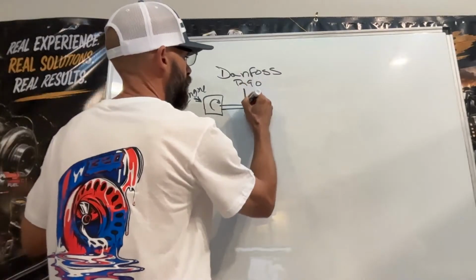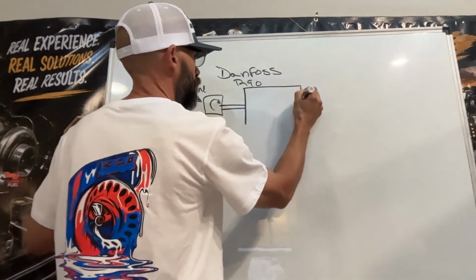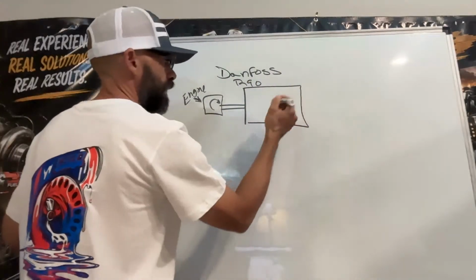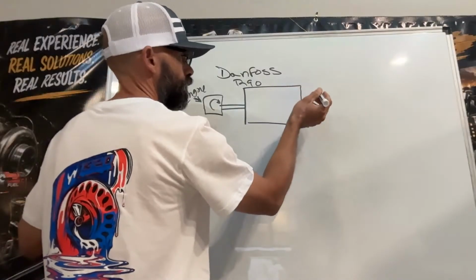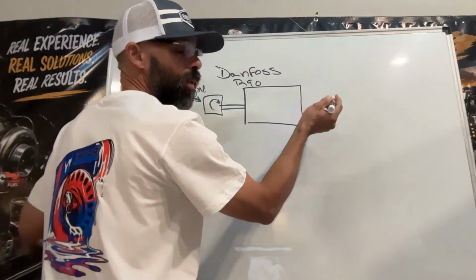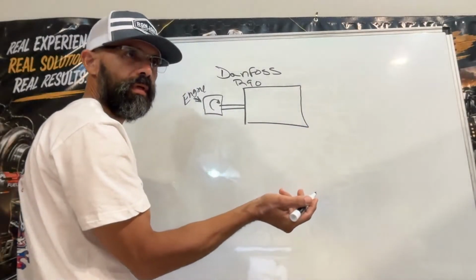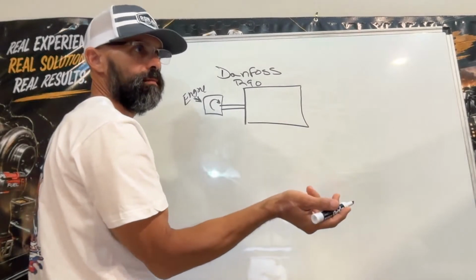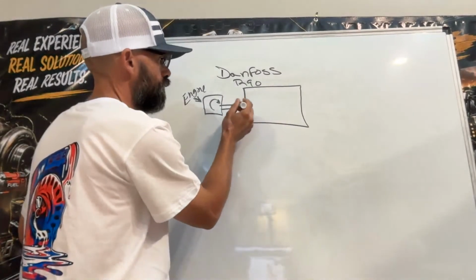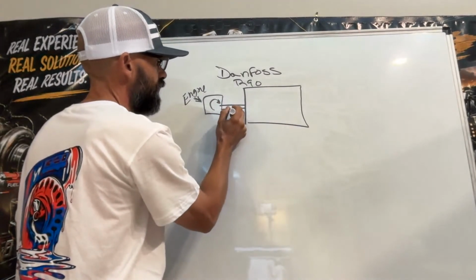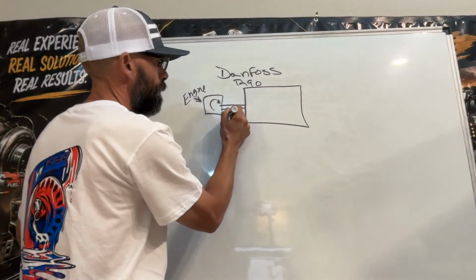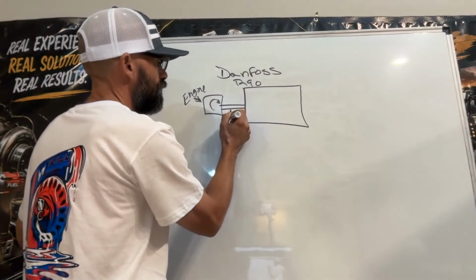And then you're going to have another square right here, which is your pump. Let's say it could be the rotation pump, because it's the closest one to the engine. This thing right here means a shaft.